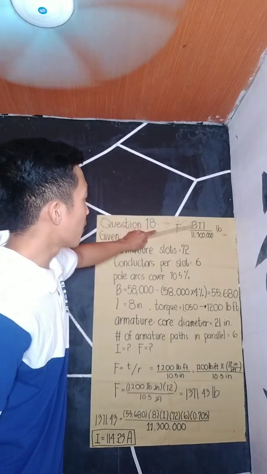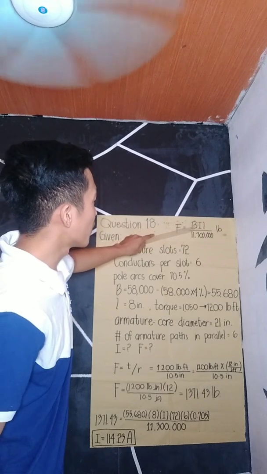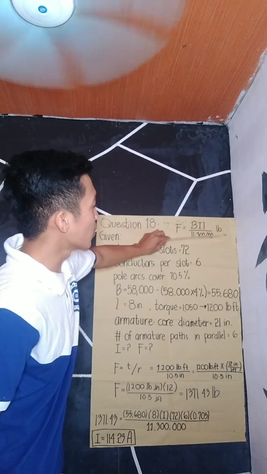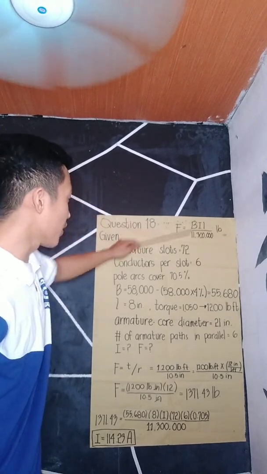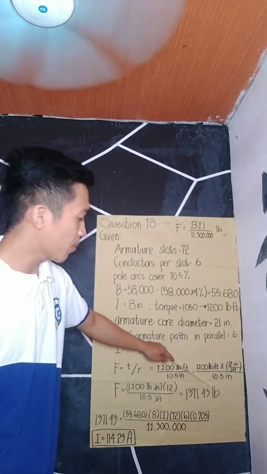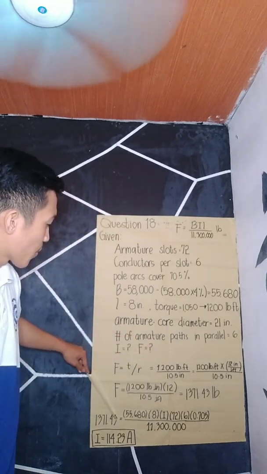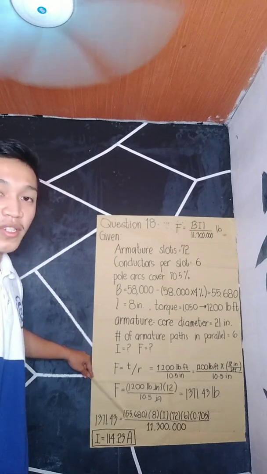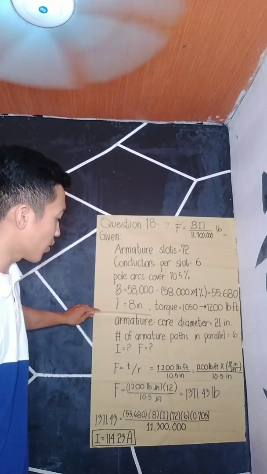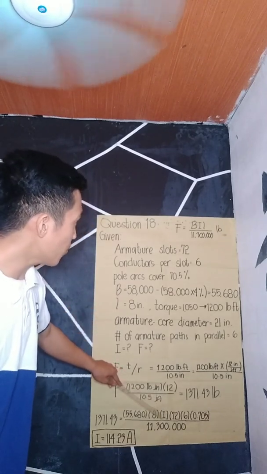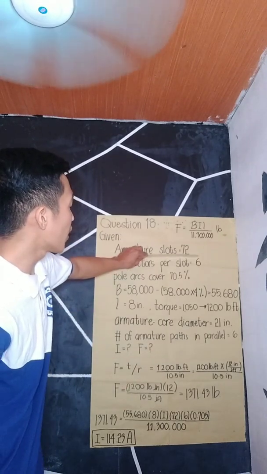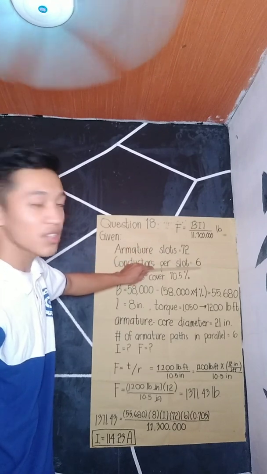We substitute all the givens into the formula. F is equal to B times I times L over 11,300,000 pounds. Since we are using pounds, we have this constant. Plug in the givens to the formula. Force, 1371.43 pounds, is equal to flux density, which is 55,680 lines per square inch, times its length, which is 8 inches, times I, which is missing, and we know that we have 72 slots, and each slot has 6 conductors.